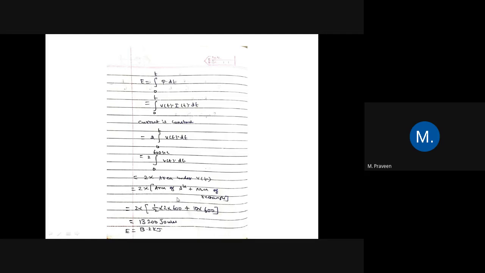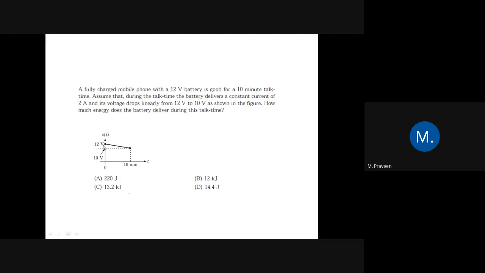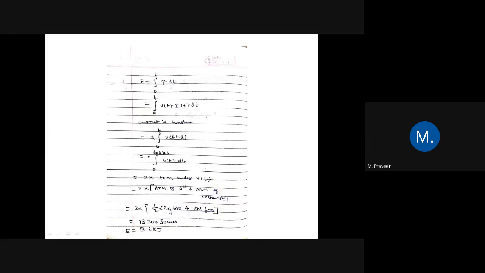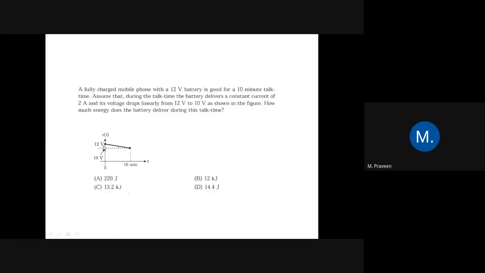Now for the area of triangle, if you refer to the diagram, the height is, sorry, here it is not 12.